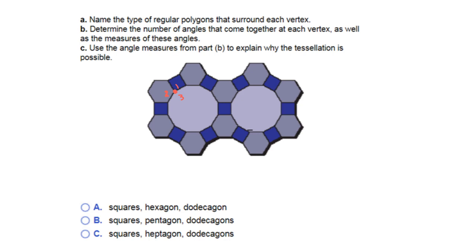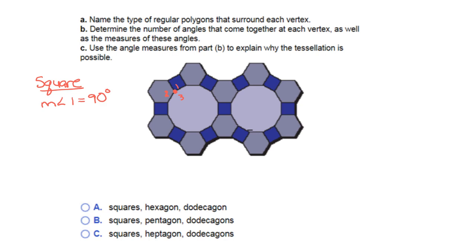That dark blue is a square. We know a square has all equal sides, and we also know the interior angles of a square are 90 degrees. So I will say the measure of angle 1 is equal to 90 degrees.